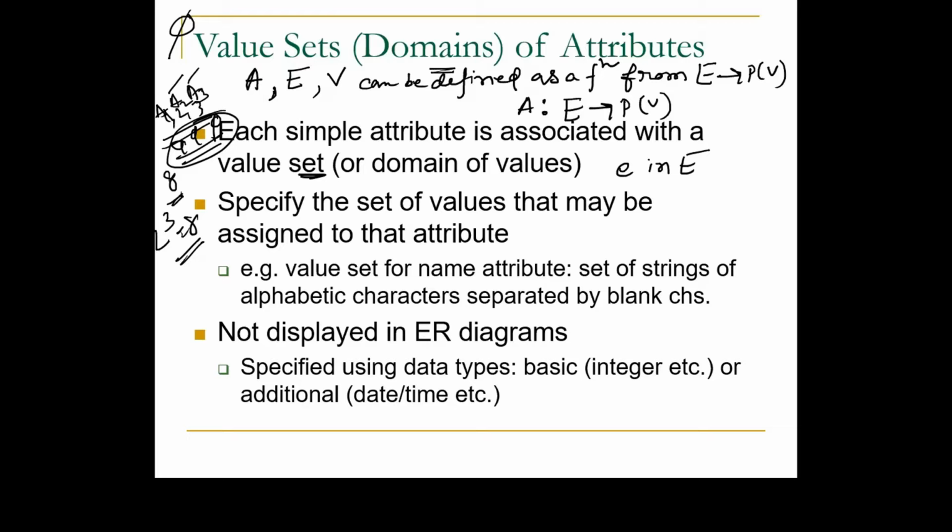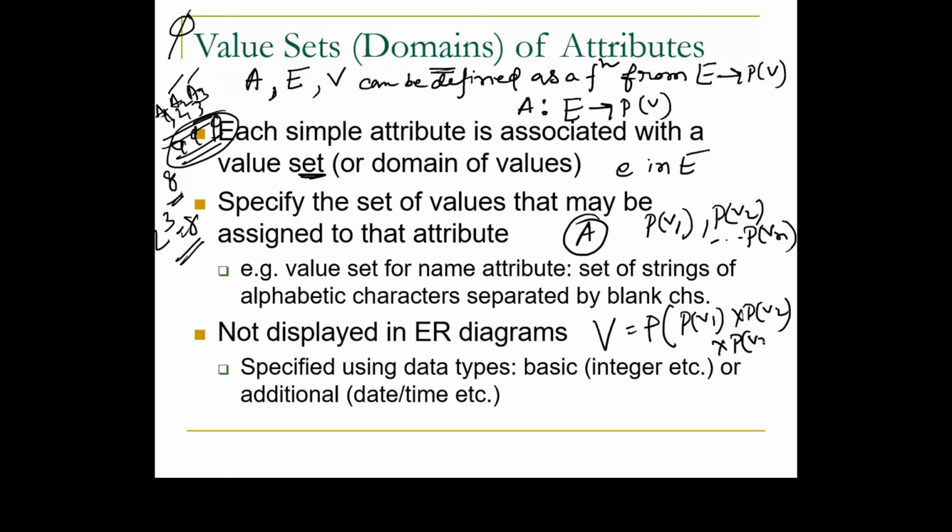Okay, multi-valued attribute. And for a composite attribute A, the value set V is the power set of the Cartesian product of PV1, PV2, until PVn, where V1, V2, Vn are the value sets of the simple component attributes that form A. So V can be written as the power set of PV1 into PV2 into PV3, similarly into PVn.